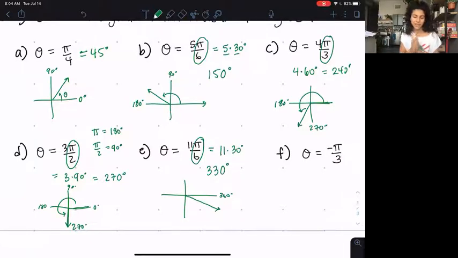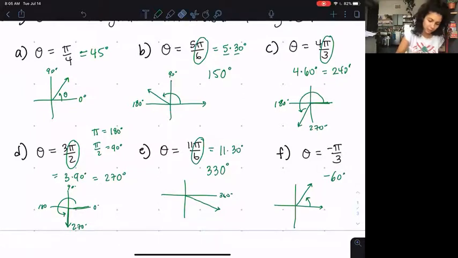All right, F. F is our first negative angle. So ignore the negative. What is pi over 3? You should recognize that as 60 degrees, and the negative in front means we're negative 60. So here's how negative angles work. Instead of drawing 60 degrees, opening counterclockwise, we're going to just open the opposite direction.